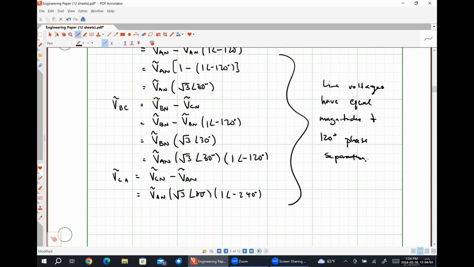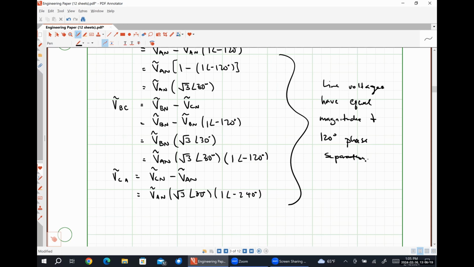All of our phase currents will have the same magnitude and 120 degrees of phase separation. So realistically, if I can figure out what a single phase is doing, then I know what all of the phases are doing because I just shift my result from that first phase by 120 degrees. I don't have to ever do analysis on the entire system. I can look at it on a phase by phase basis, okay?